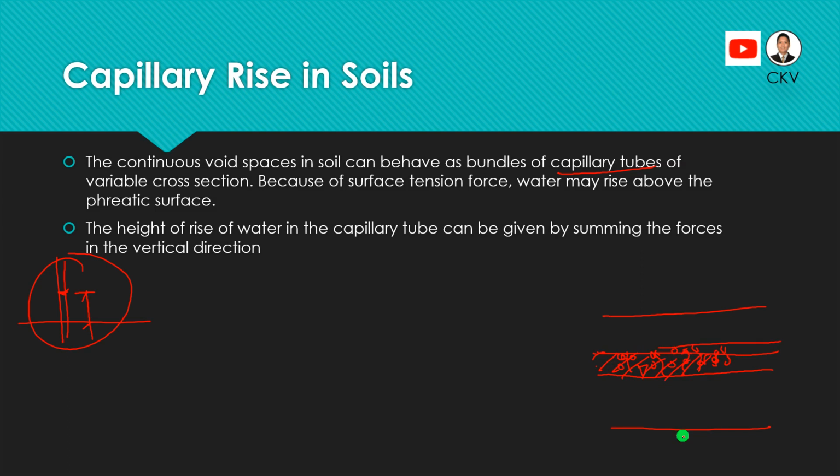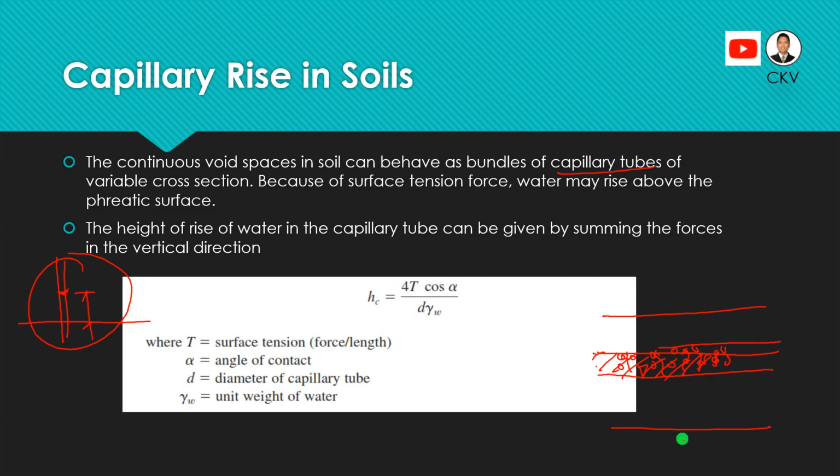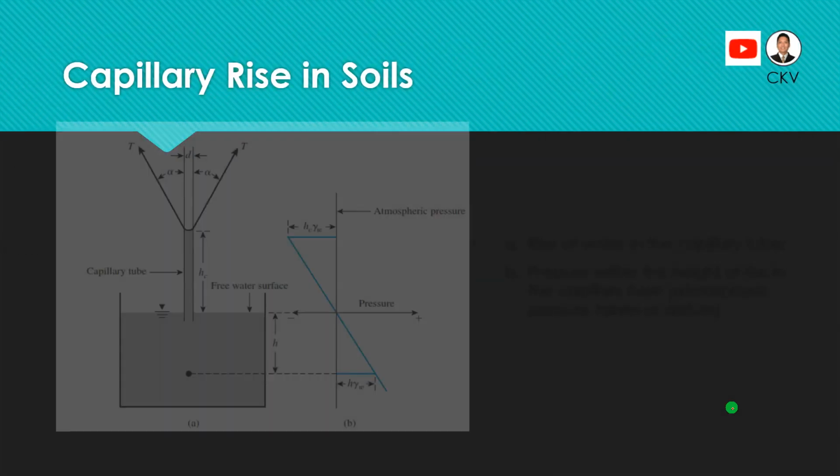Going back to the formula for the capillary rise, if we have a given tube that is placed on the water, the equivalent height can be computed using this equation right here. Of course, this is not applicable for soils because they are not tubes, but we will consider the pore spaces or the void spaces in the soil.